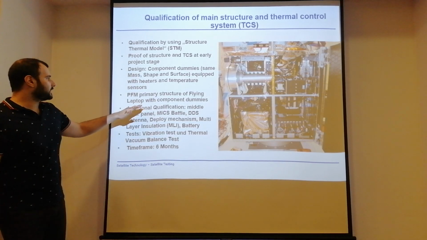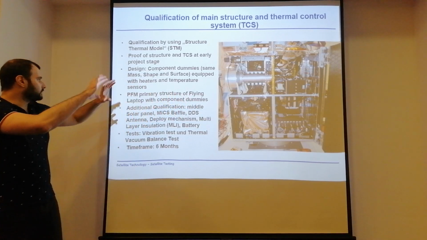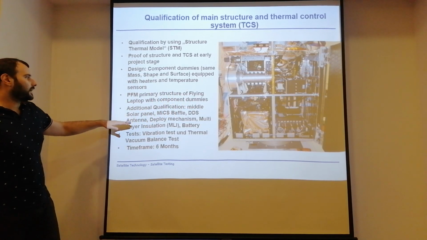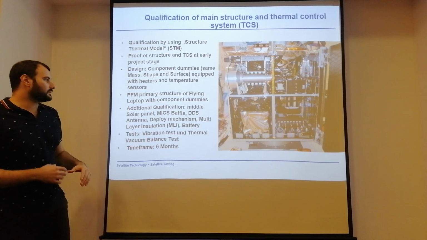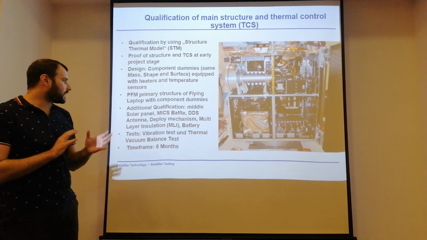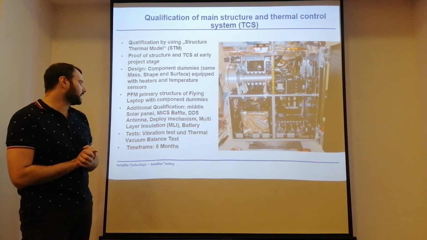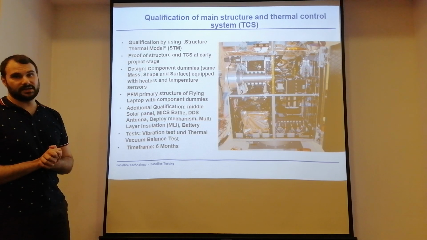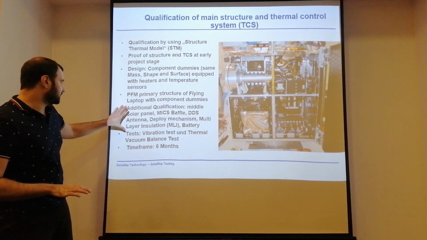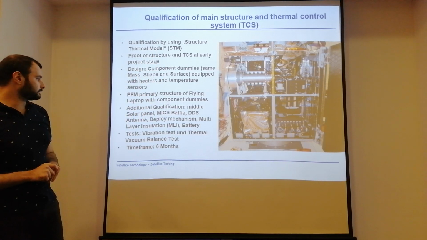The primary structure of Flying Laptop was then used with the component dummies as one unit, it's a PFM. And additional qualification has been done for the middle solar panel, for the cameras, camera baffles, some antennas, deploy mechanism, and multi-layer insulation and battery. So those were additionally qualified aside from the structure thermal model.